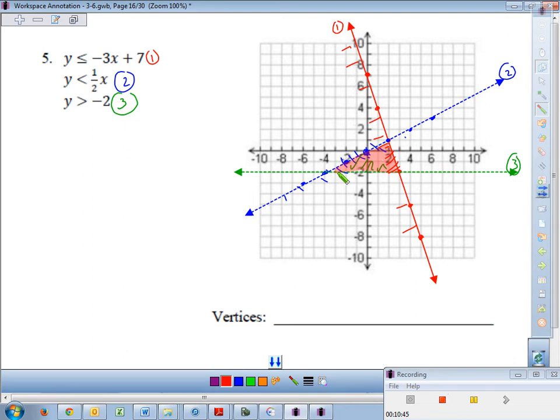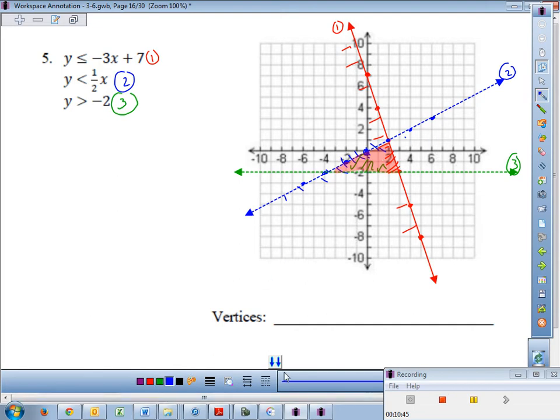We want the vertices of that. Why? For something that we're actually not going to do this year called linear programming, but these vertices really help in real life situations where you want to maximize your profit, minimize this, or minimize cost. Finding these vertices is very important.